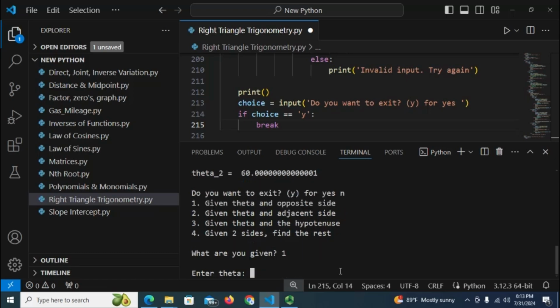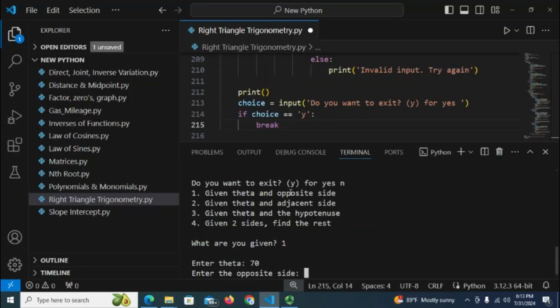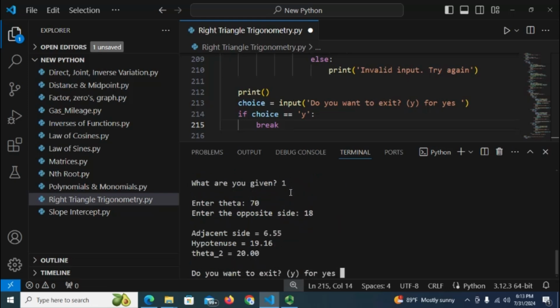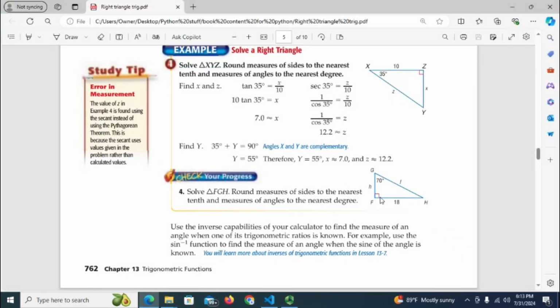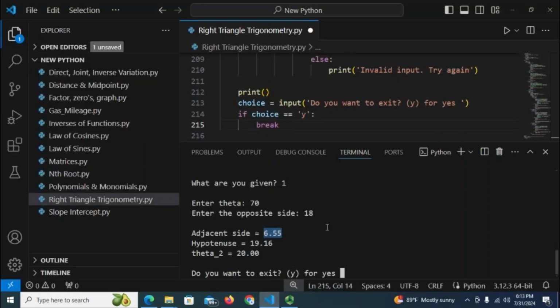So hit number 1. So theta was 70 and then opposite is 18. So theta 2 is 20, hypotenuse is 19.16, and adjacent is 6.55. Those are the values. They don't have the answers here because it's a self-check for us to do. But an exercise for you would be to compute these by hand or with your calculator and check to see if we get the same things that the program is getting.